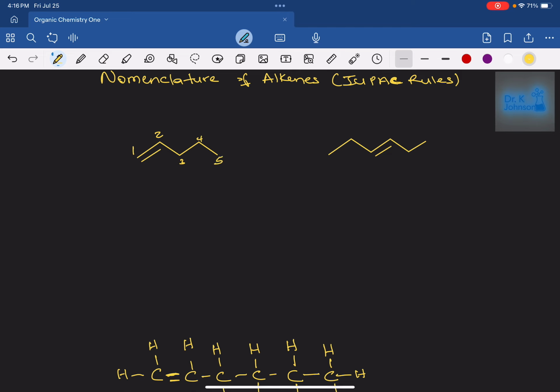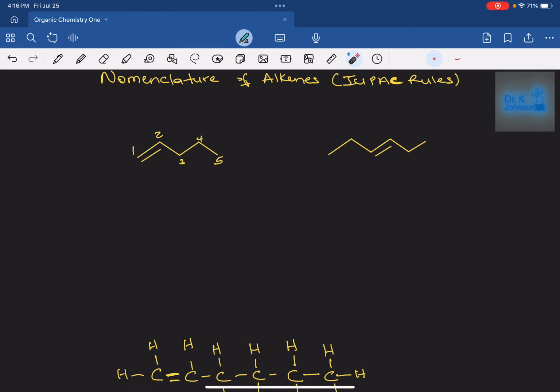You also need to locate where the double bond is. Your double bond is between carbon one and carbon two. Take the lower of the two numbers where the double bond is. So the double bond is between carbon one, carbon two, pick the lower number, right?